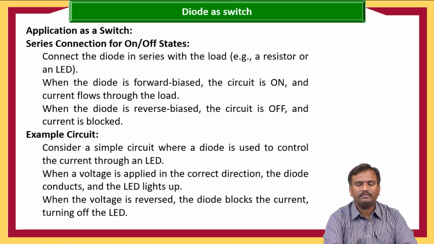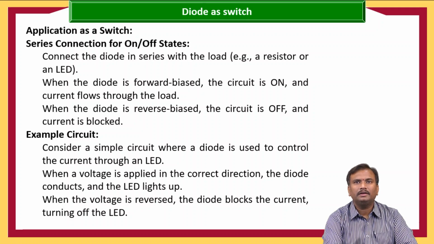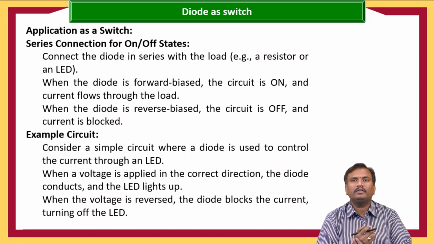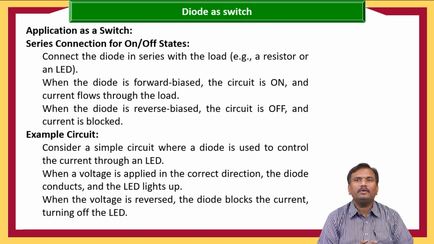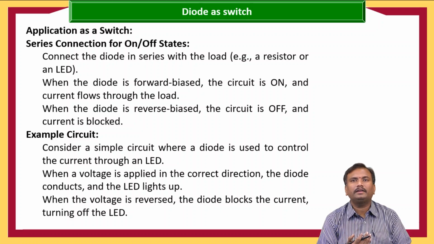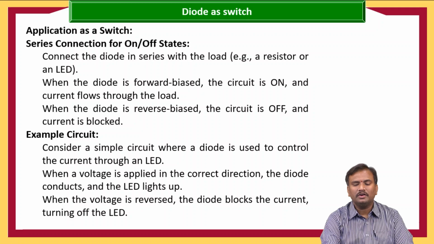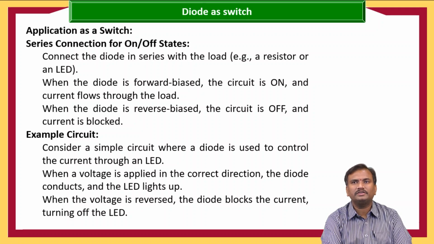Here, series connection for on and off state. Whenever we want to use the diode as a switch, we need to connect the diode in series with the load. When the diode is forward biased, the circuit is on and the current flows through the load. When the diode is reverse biased, the circuit is off and the current is blocked.